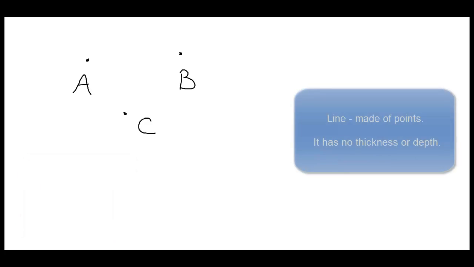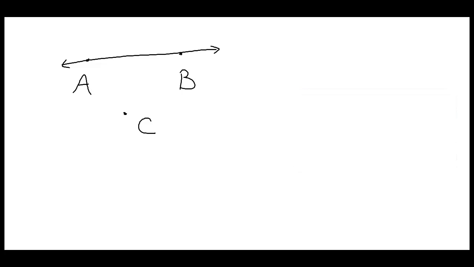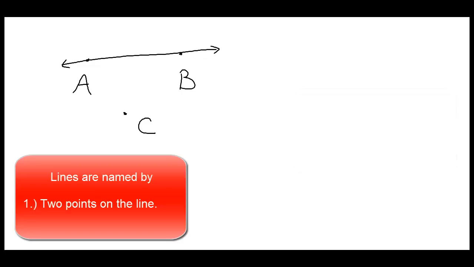Our next object is a line. A line is a series of points. It's drawn as a line with arrows on the end. This is not to confuse it with a line segment, which we'll talk about later. A line is named by points on the line. This particular line I could call line AB.